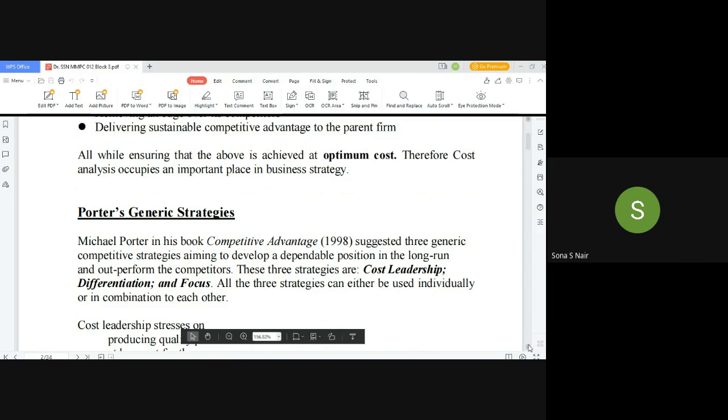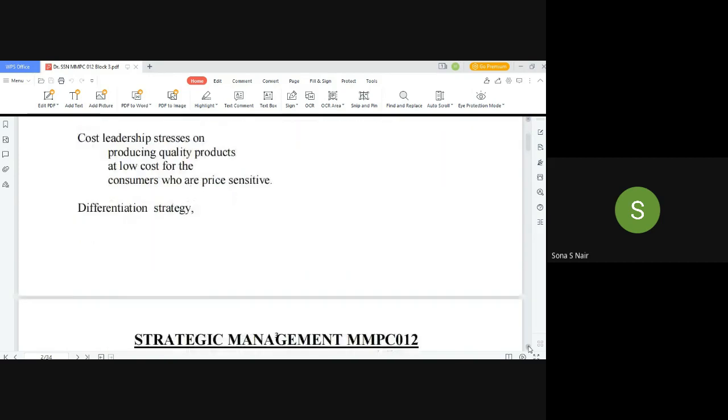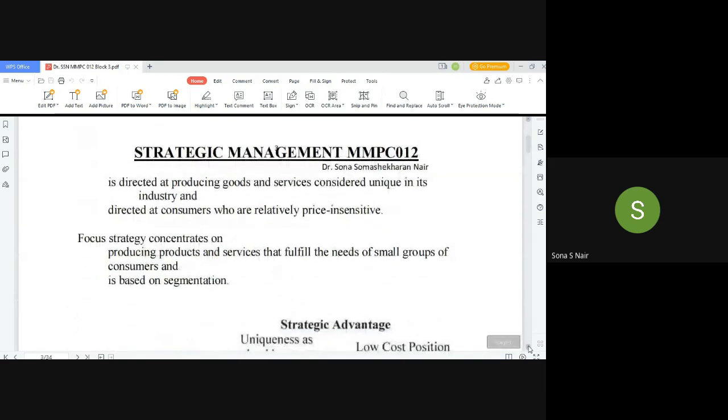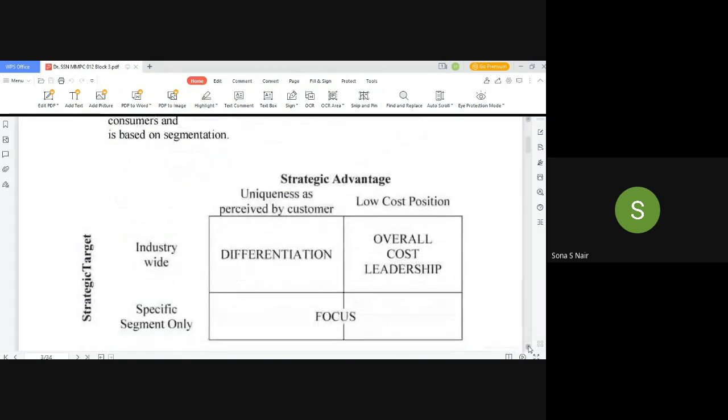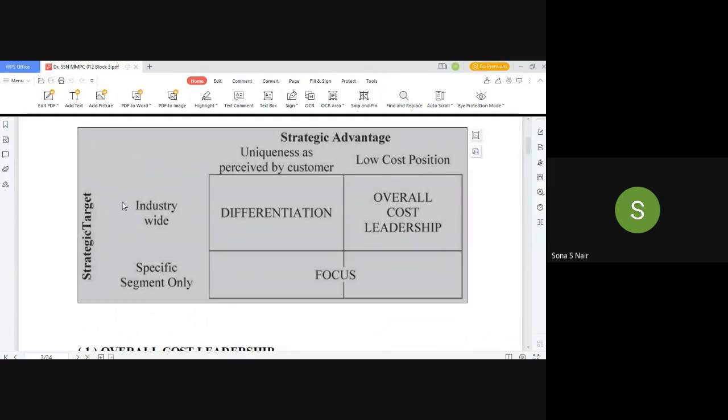These three strategies depend on two dimensions. So we might decide to work in one segment, or we might decide to cater to the whole industry, the customers in the whole industry, right?